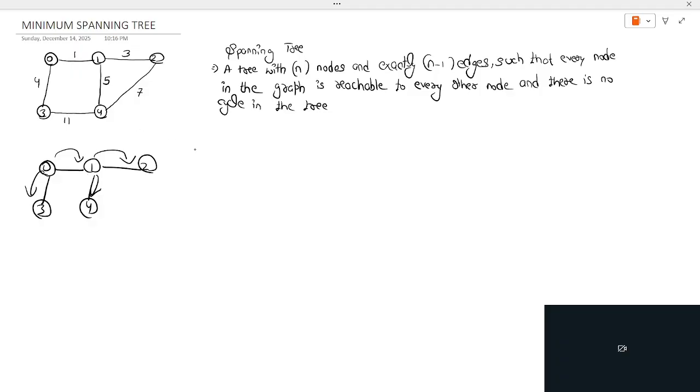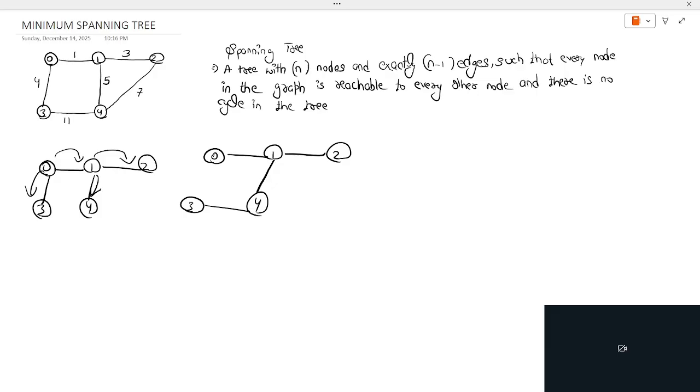Another possible spanning tree could be 0, 1, 2, 4, 3. So for this spanning tree also there are 5 nodes in the graph and 4 edges.